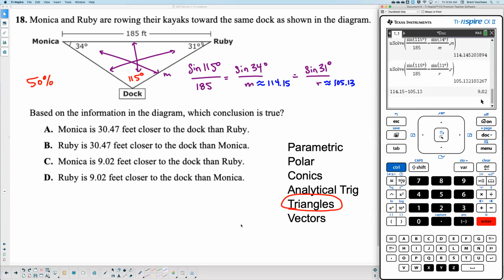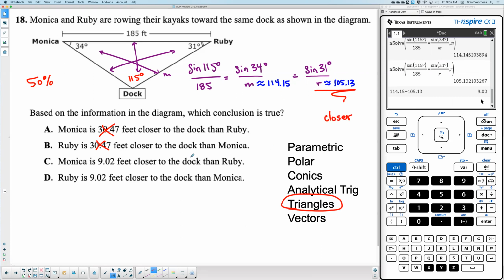Okay, it's 9.02. If you're thinking of distance, which one's closer, the bigger distance or the smaller distance? The smaller. So this one's closer. Ruby is closer because it's a smaller number. Ruby is 9.02 feet closer than Monica. That would have been the correct answer.